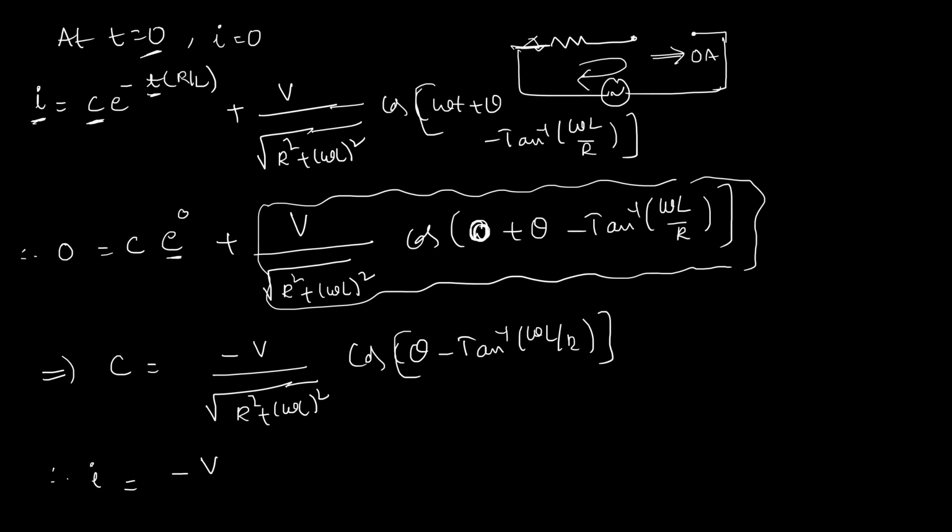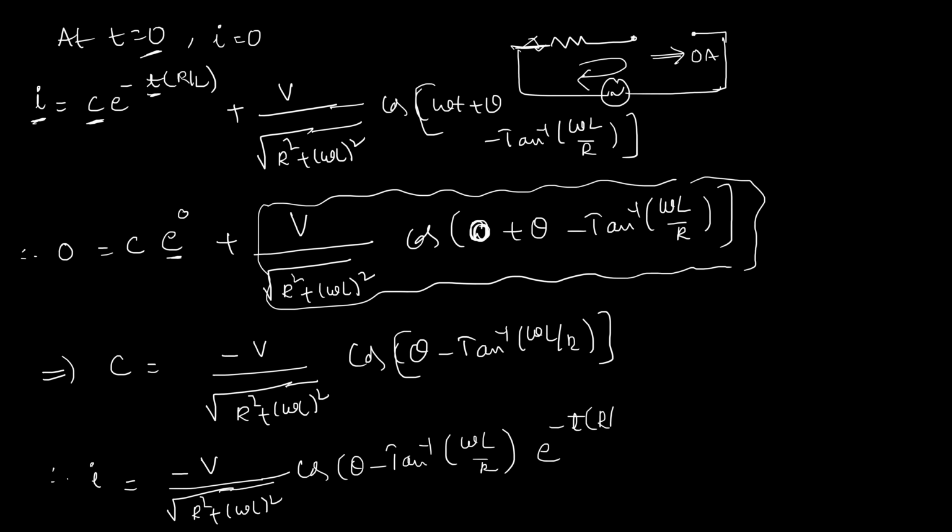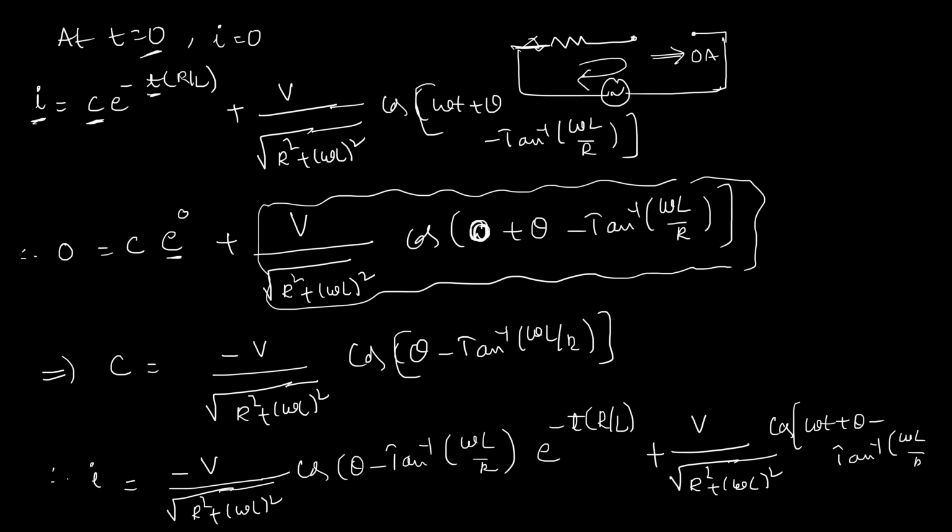So you get minus V by root of R square plus omega L whole square into cos theta minus tan inverse of omega L by R, into e power minus t into R by L, plus the rest of the portion is the same: V by root of R square plus omega L whole square into cos omega t plus theta minus tan inverse of omega L by R. If you want, you can take the common part from both terms to get an even more simplified current expression, but there is no need.